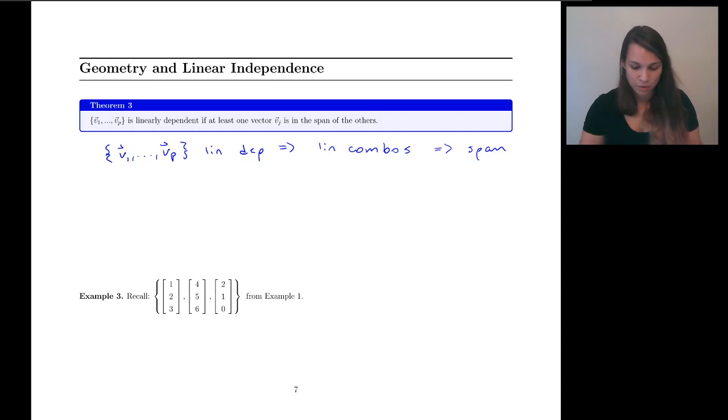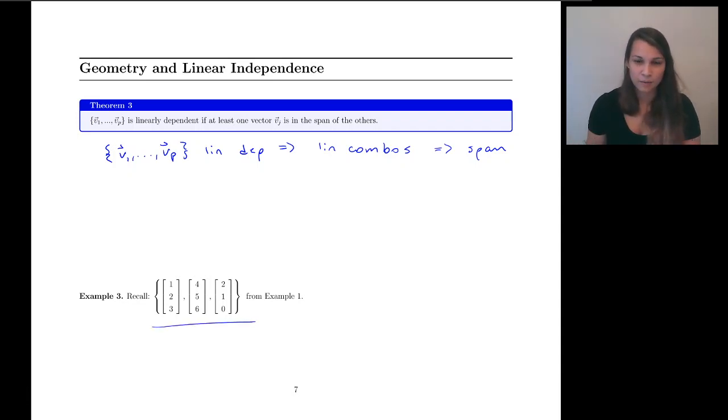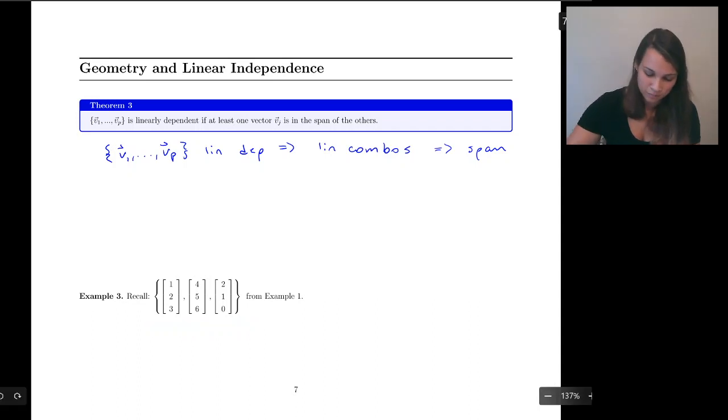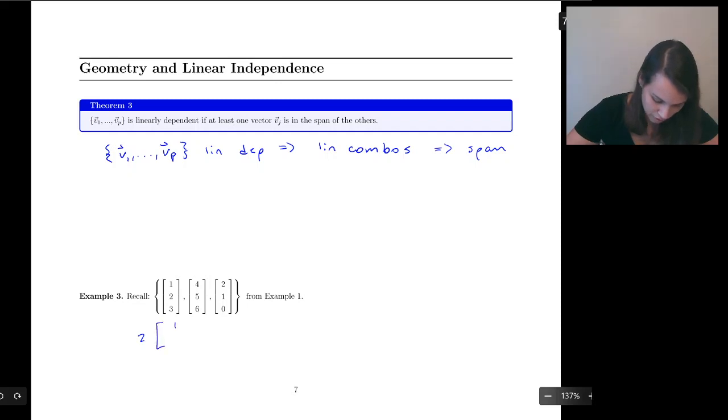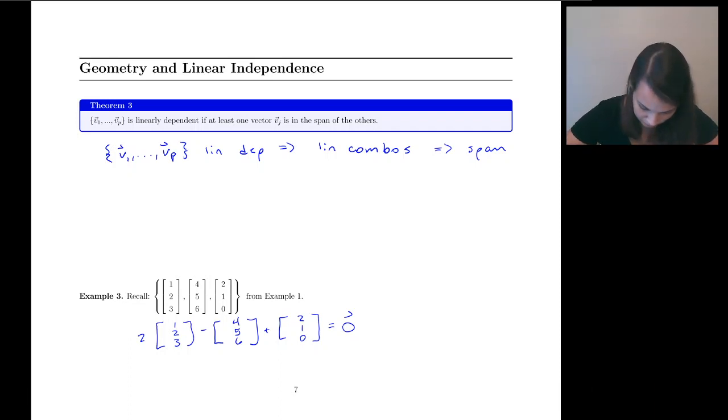So for example, we're going to bring back this lovely problem, example 1. Remember I said we had 2 times 1, 2, 3, minus 4, 5, 6, and plus 2, 1, 0 was equal to 0. And then I moved vector 2 to the other side.